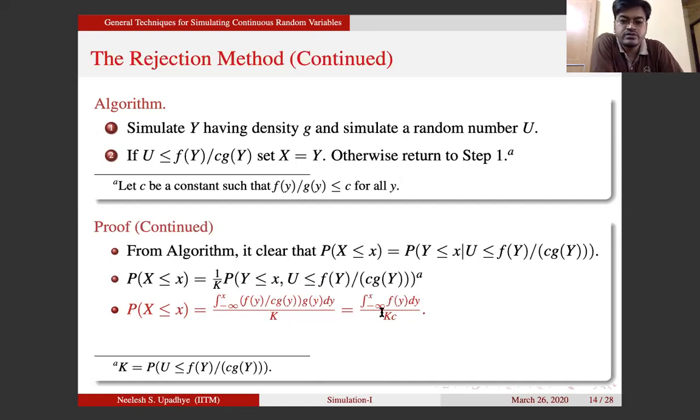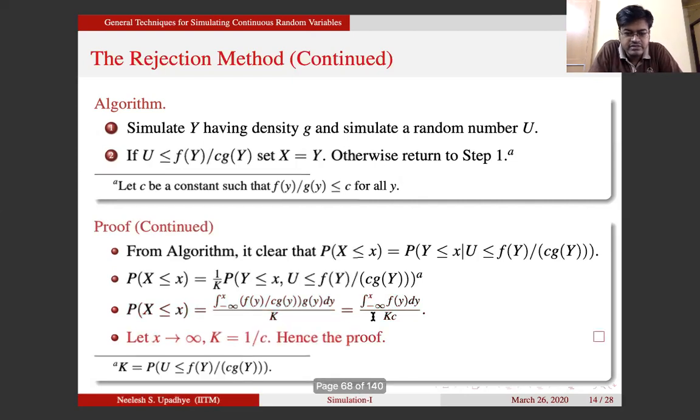Now the only way this can happen is if kc equals 1. Can I get that? Taking the limit as x extends to infinity, you will get this equal to 1. Therefore, k must be equal to 1 by c. Yes, that proves my theorem that the distribution generated by the algorithm given above has density f.